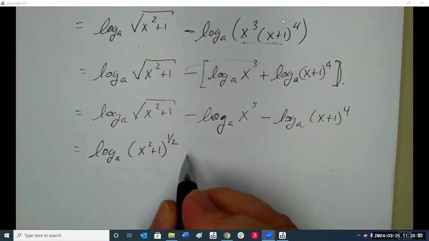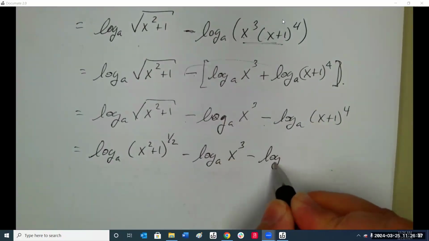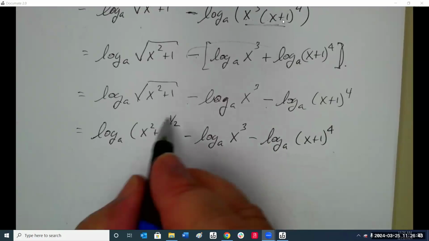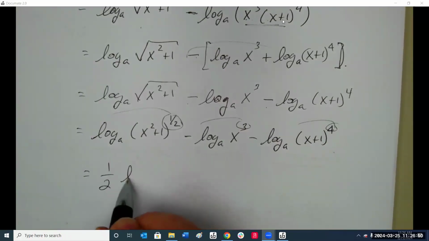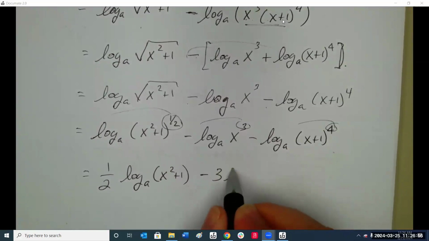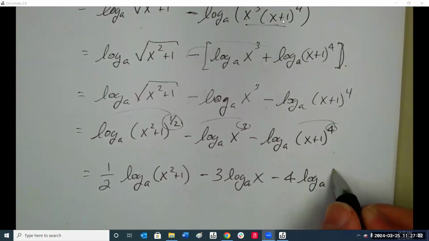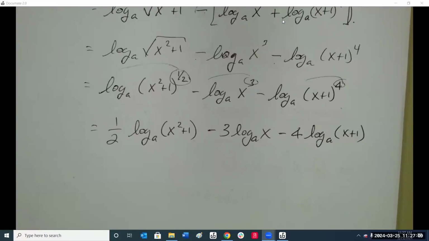This comes to the power 1/2. All the exponents go out in front. And there's your answer.